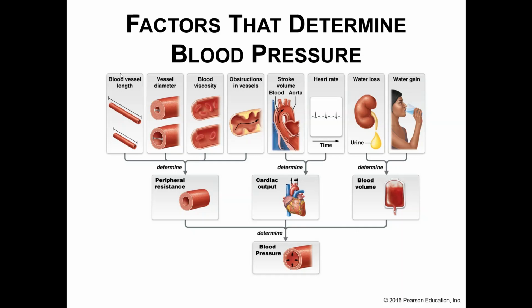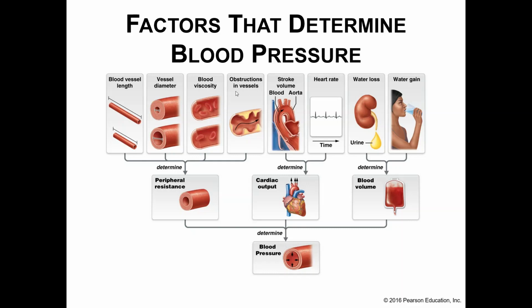So we mentioned the longer the blood vessel, the greater the peripheral resistance. This will increase your blood pressure. If you increase the diameter of your vessel, that decreases peripheral resistance, that will decrease your blood pressure. If your blood is thick, that increases your peripheral resistance, going to increase your blood pressure.